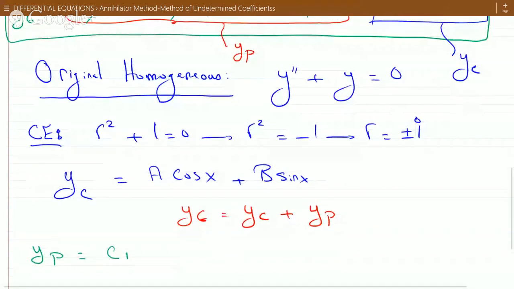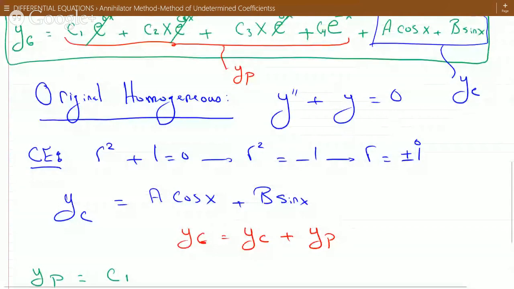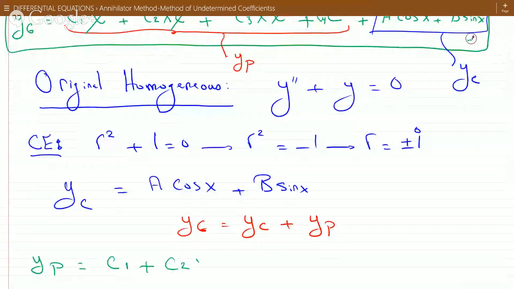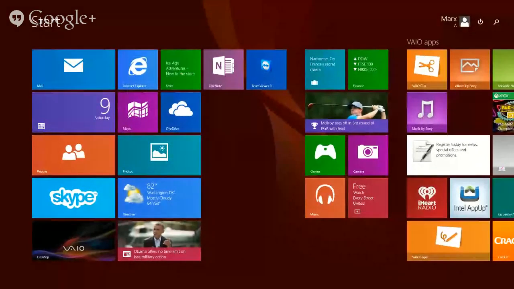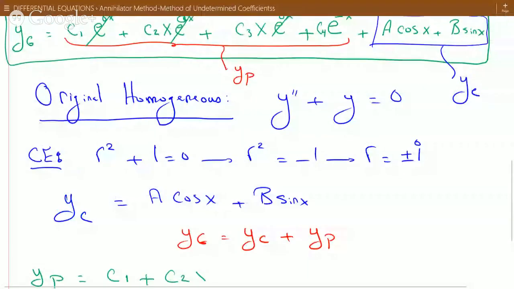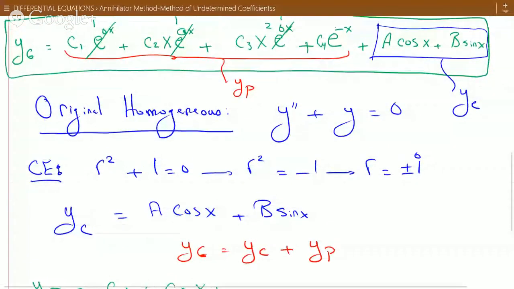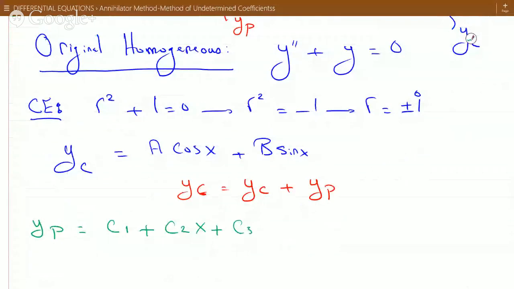Okay? So my y particular is just C1 plus C2x plus C3x squared plus C4 e to the minus x.